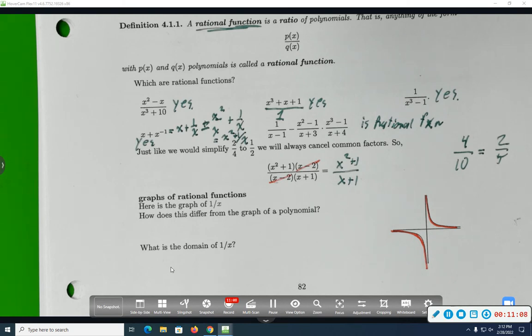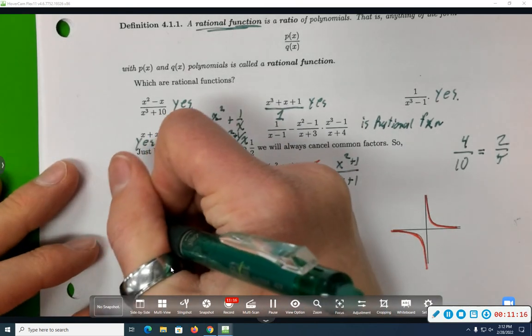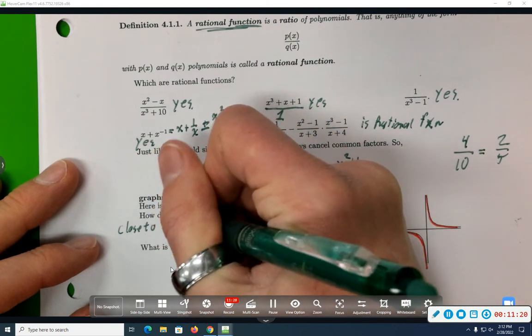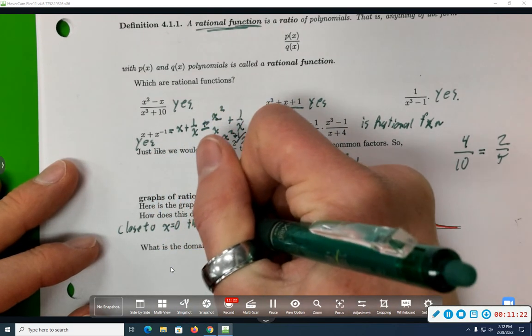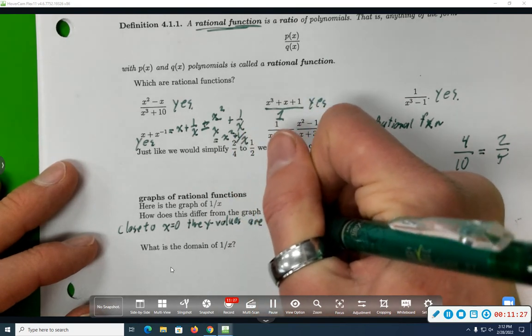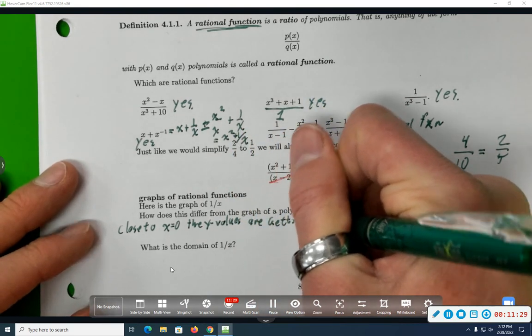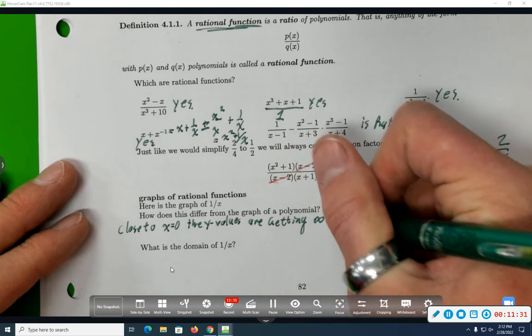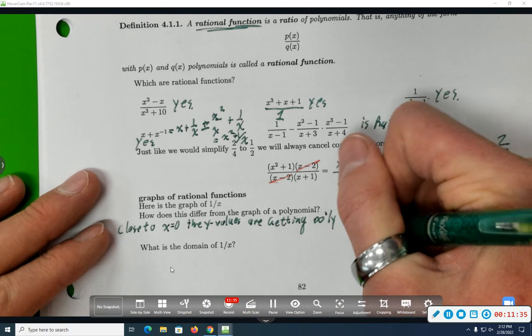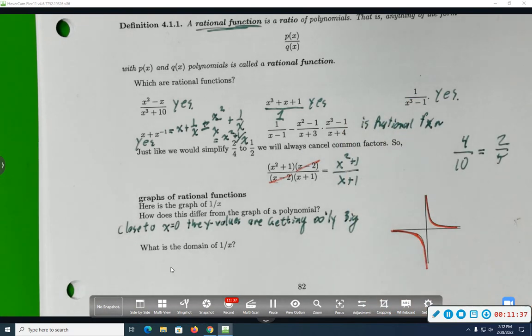So you see a spot here where something weird happens. So close to x equals 0, the y values are getting, I'll use some maybe slightly imprecise language, infinitely big. The y values are getting very, very big.